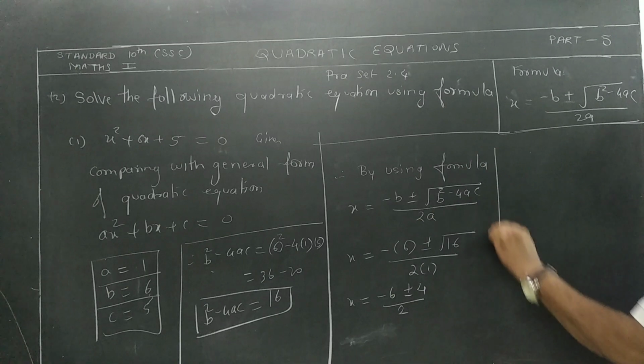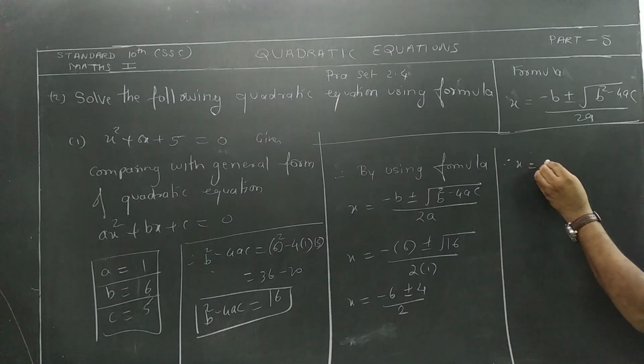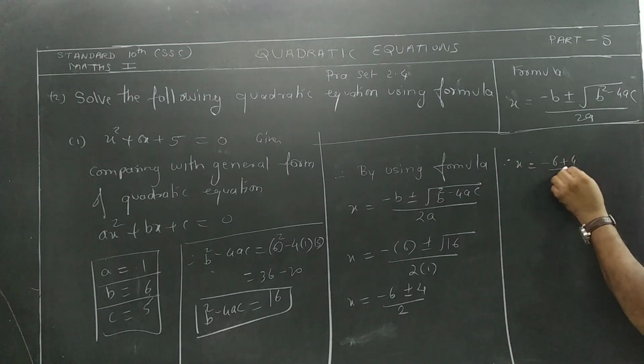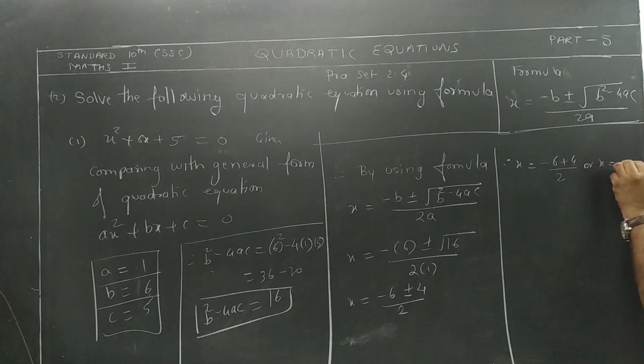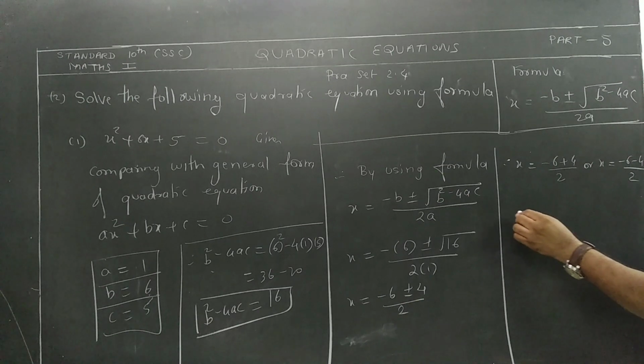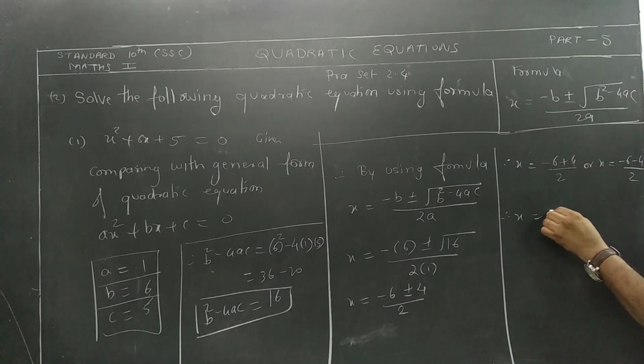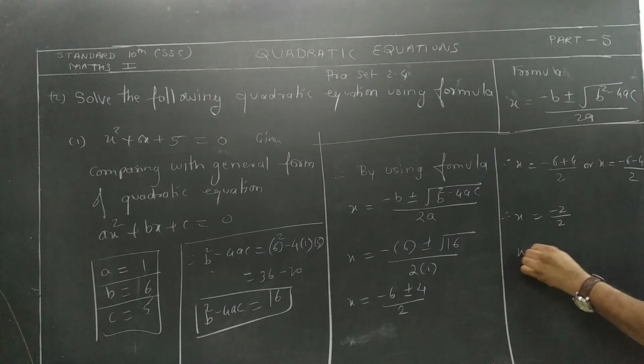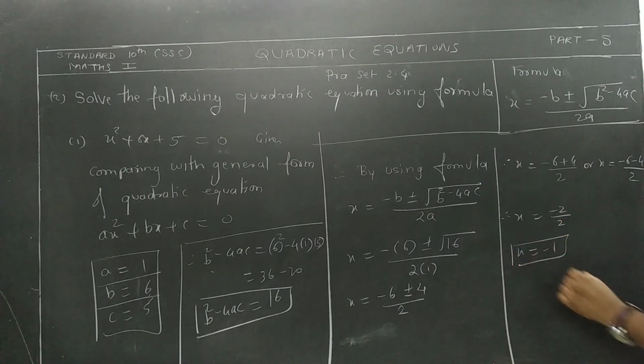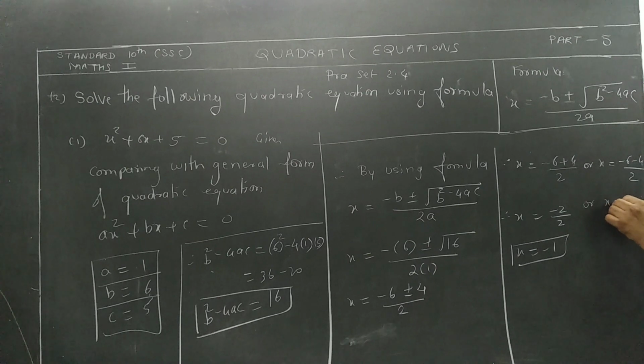What you can write? Therefore x is equal to minus 6 plus 4 upon 2, or x is equal to minus 6 minus 4 upon 2. Therefore, x is equal to minus 2 upon 2, x is equal to minus 1, or x is equal to minus 10 upon 2, x is equal to minus 5.